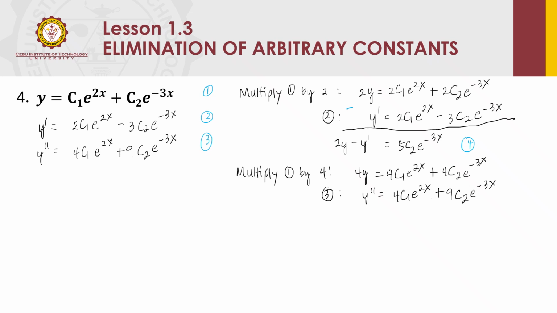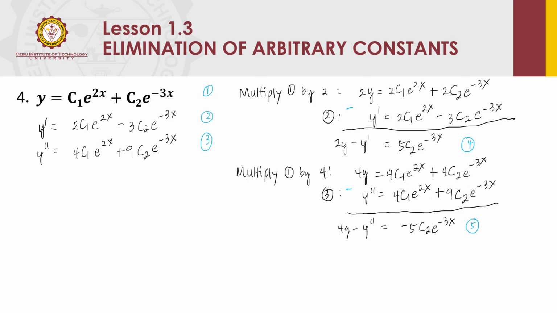So we can eliminate the C1 terms. So it's 4y minus y double prime equals 4 minus 9, which is negative 5 C2 e to the negative 3x.